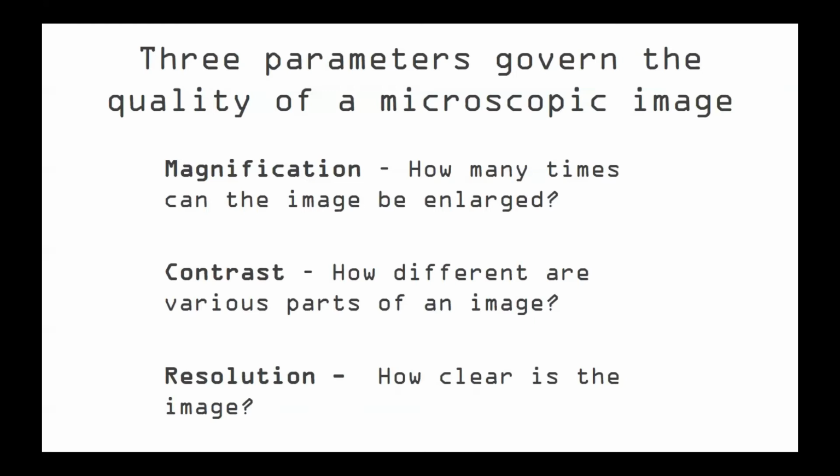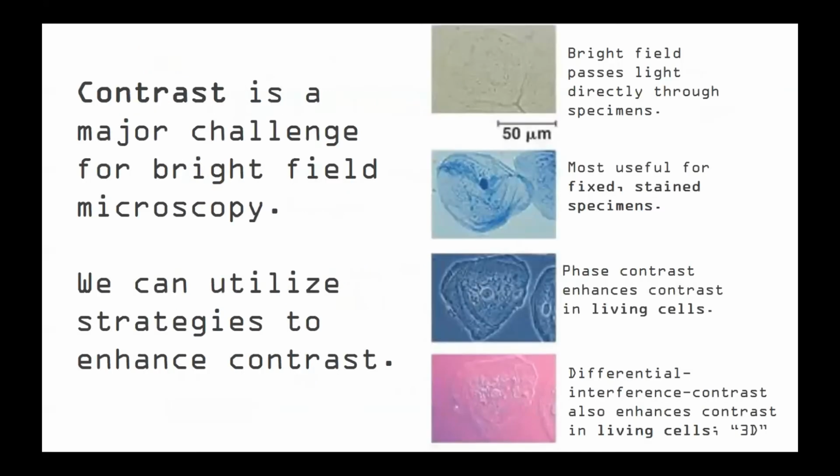So let's actually start with contrast. And here we'll see several different types of light microscopy. On this first slide, the type of light microscopy we're going to be looking at is called Brightfield microscopy. This is the one that includes the types of microscopes that we use in the teaching laboratories today. So just plug them in, turn on a light, look at a specimen.